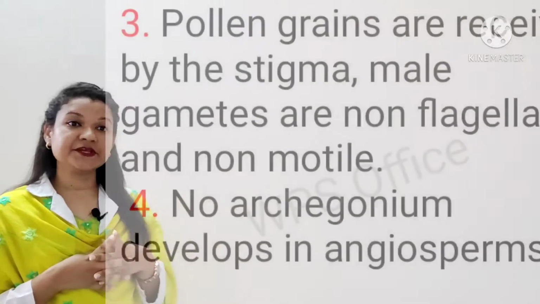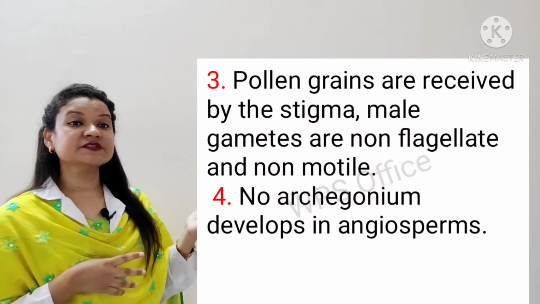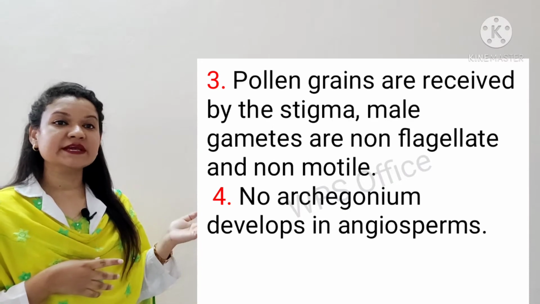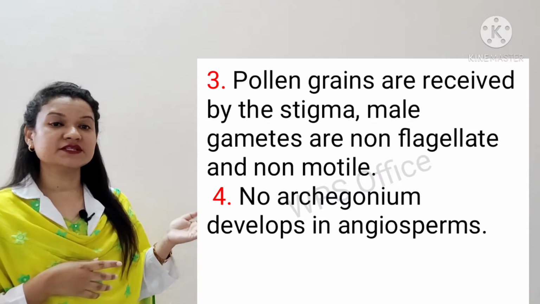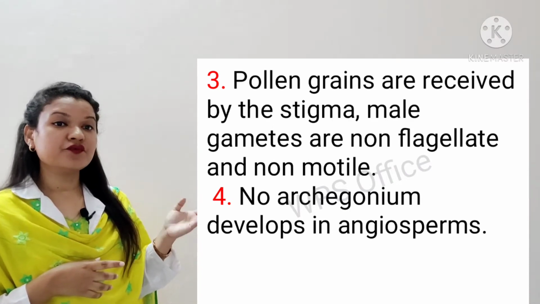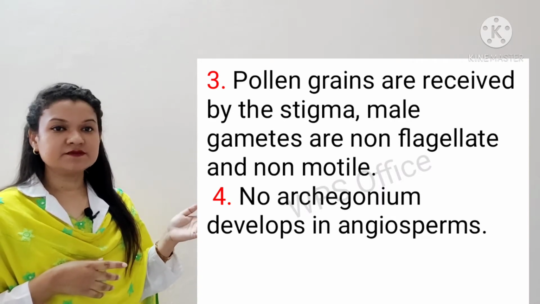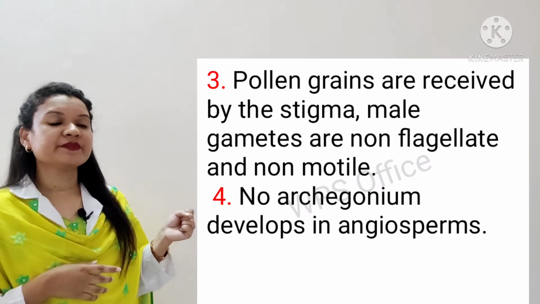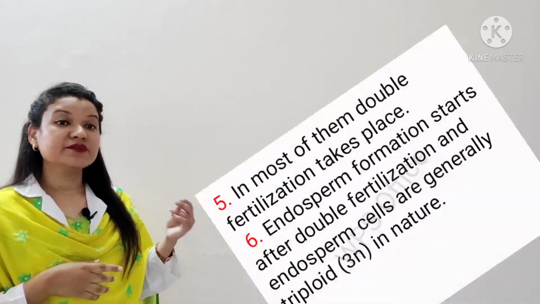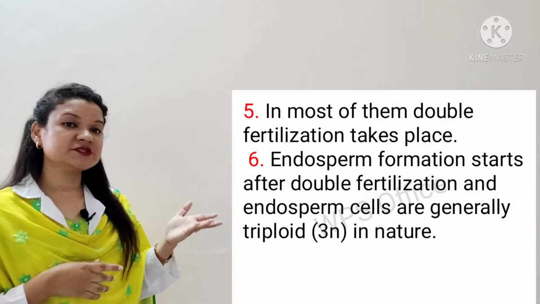Number 3, pollen grains are received by the stigma, and male gametes are non-flagellate and non-motile. Number 4, no archegonium develops in Angiosperms. Number 5, in most of them double fertilization takes place.